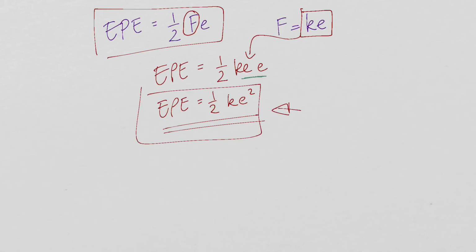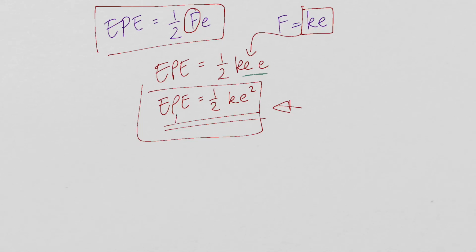You get given this equation in the exam, so there's no need to remember it. However, you will need to rearrange it for the different things. So EPE, elastic potential energy measured in joules. k is our spring constant, same as in Hooke's law. And e is our extension.